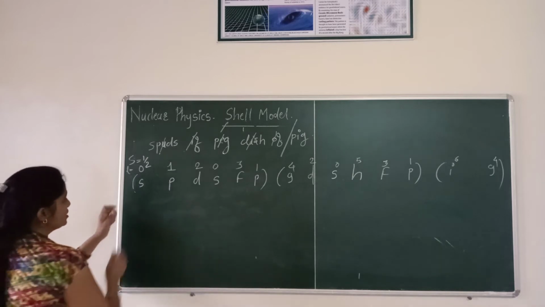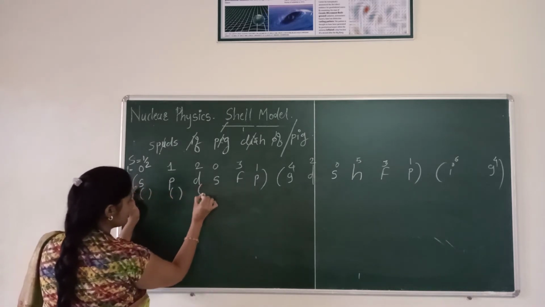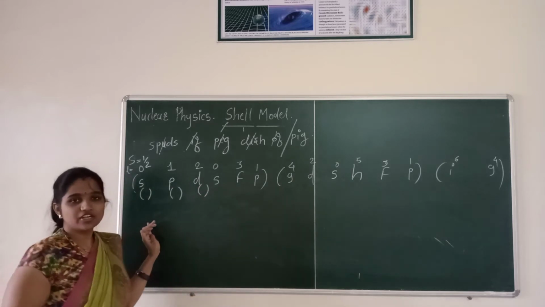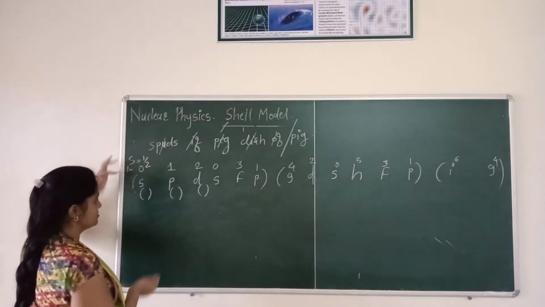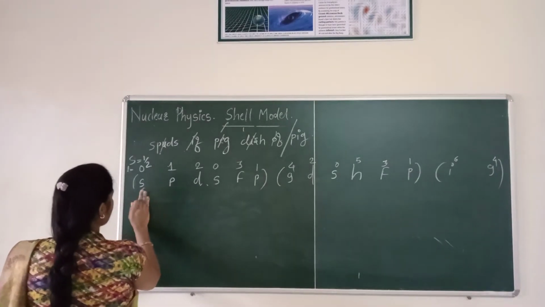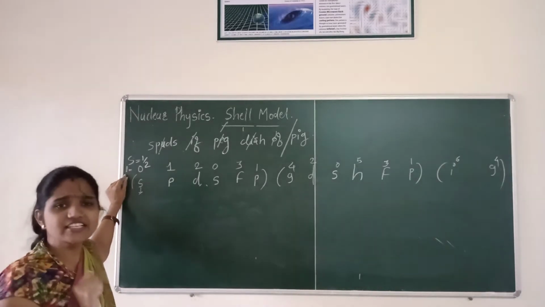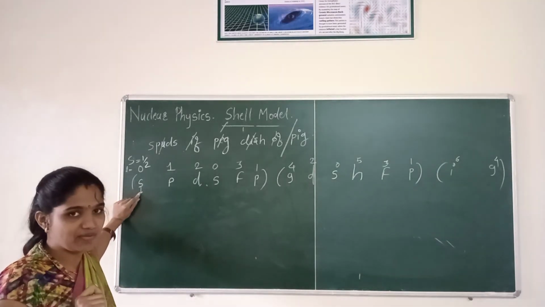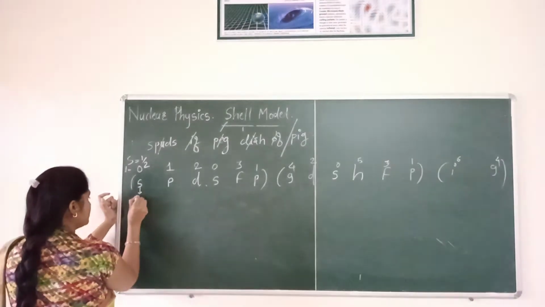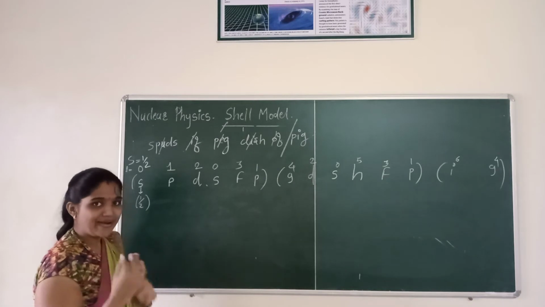To the suffix, the base of all these terms, we have to write the total angular momentum, that is L plus S. Now, if L is 0, then J is L plus S, that is only 1/2. If this is 1/2, then there is plus half and minus half.